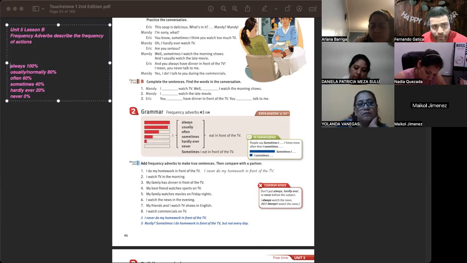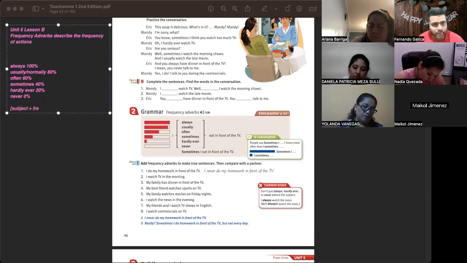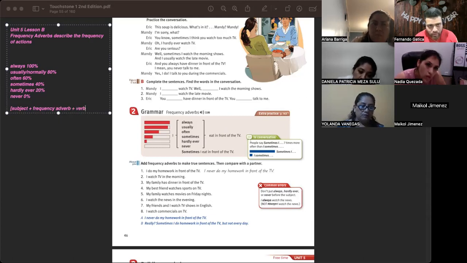But the most important thing is this. You're going to put the subject and then the frequency adverb and then the verb, y después el verbo. Y la misma regla aplica de verbo en su forma base y verbo en tercera persona singular.